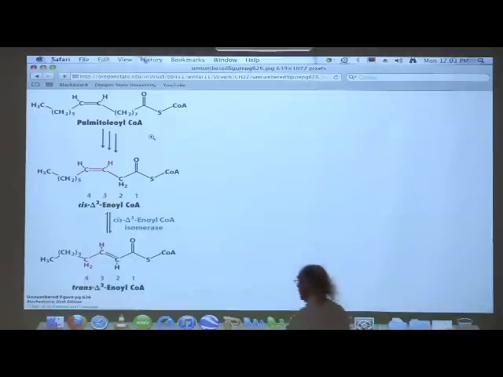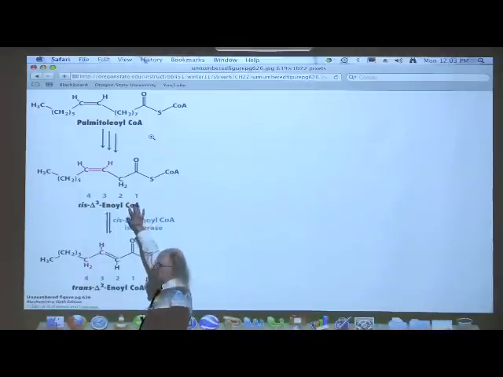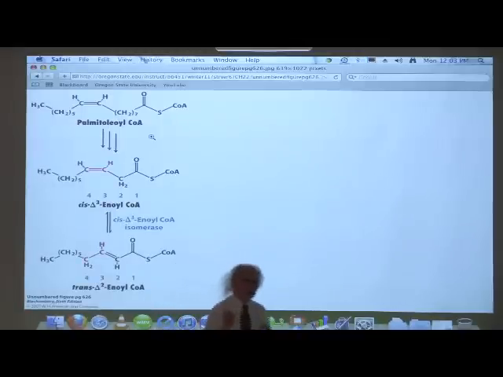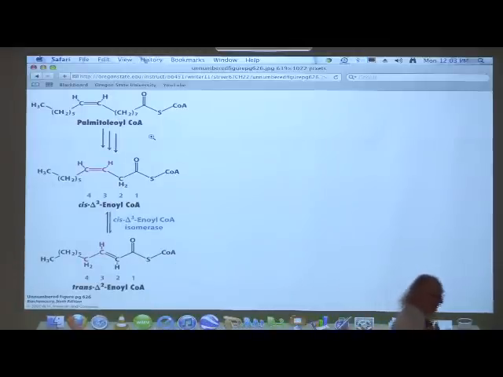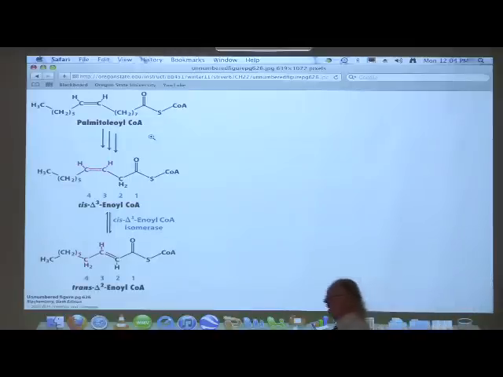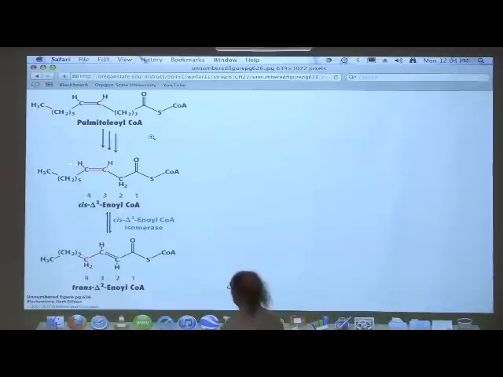And when we get to this point, there are some changes that have to happen. At this point, the enzymes that would normally proceed through beta oxidation, specifically the acyl-CoA dehydrogenase, can't do anything with carbons 2 and 3 because, as you can see, there's a double bond over here between 3 and 4. Notice that the double bond is a cis double bond.